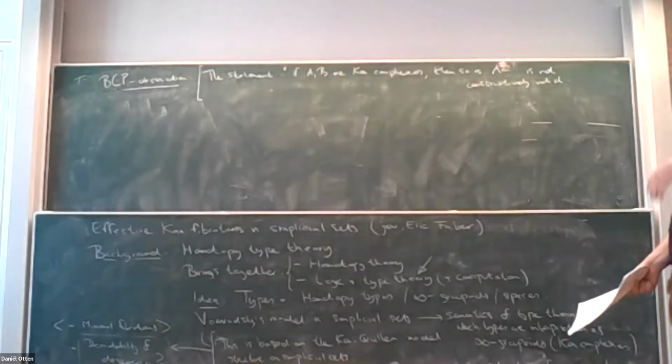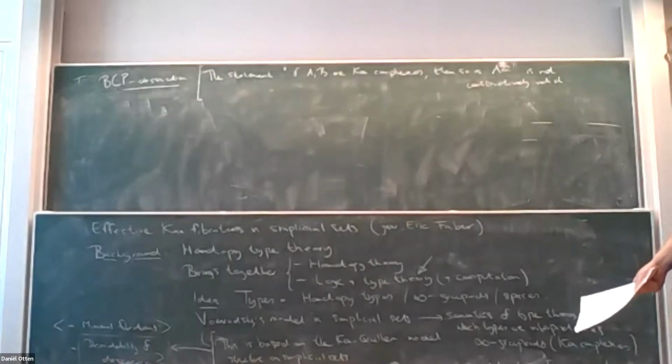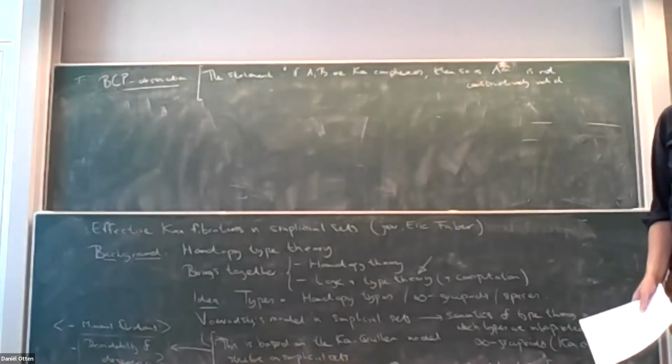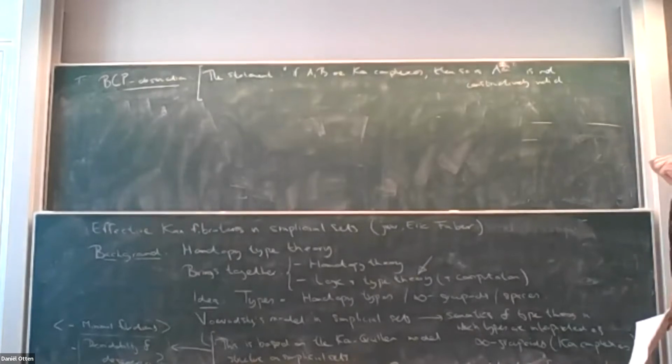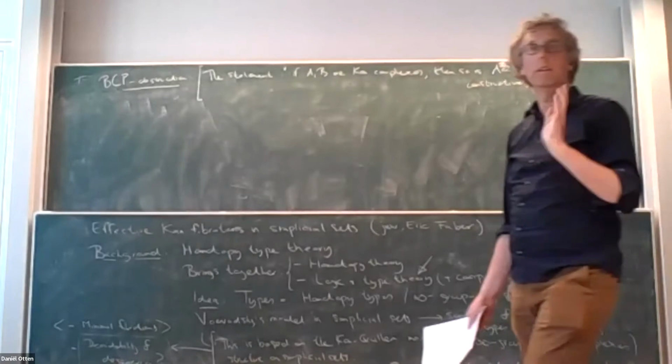Instead of saying that a Kan complex is something which has the right lifting property against all inclusions, we want it to be a richer notion of structure. It will still be defined by some sort of lifting property, but this lifting property is more complicated than what we see in the classical theory, and that is what we will call an effective configuration.